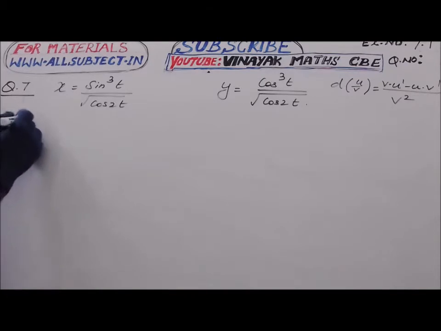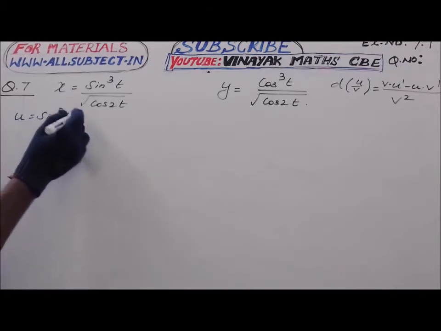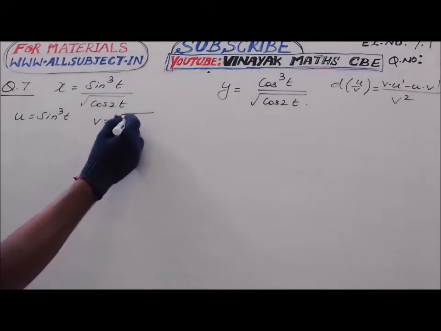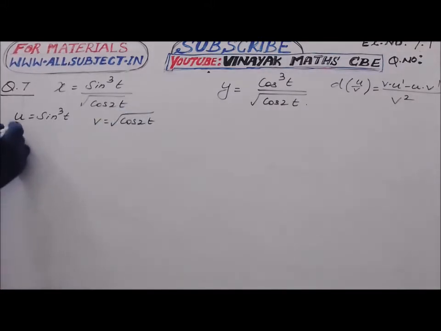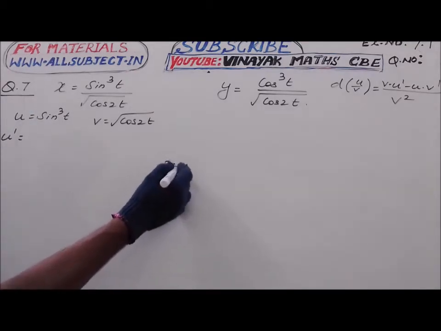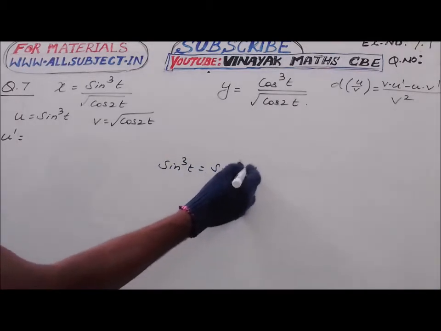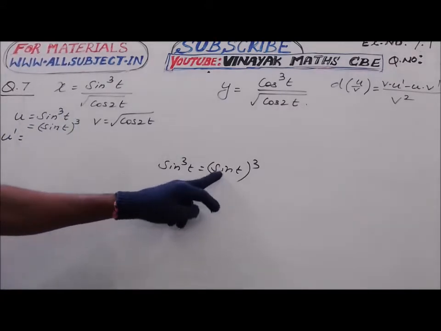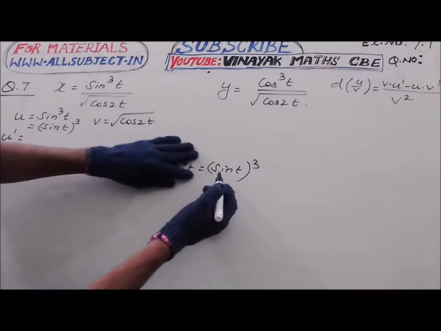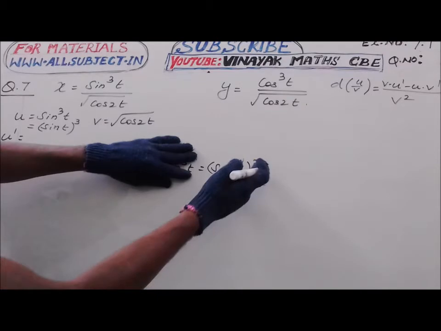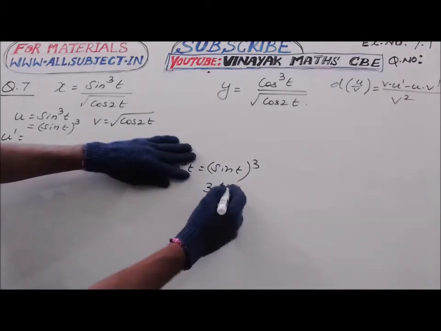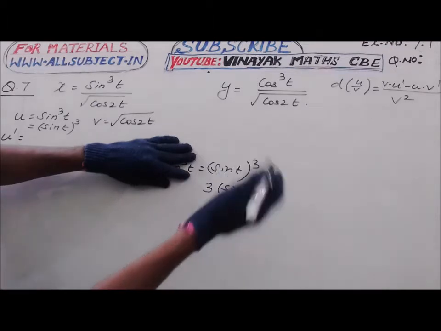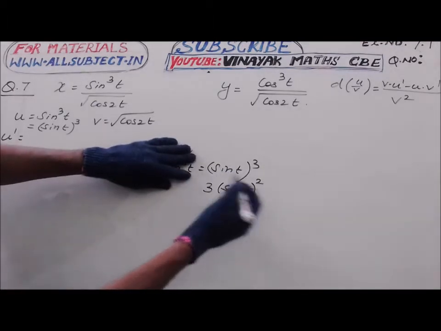Here u equal to sin cube t and v equal to root of cos 2t. u dash is equal to, sin cube t equal to sin t whole cube. So derivative of this, first of all we should apply the x power n formula: n x power n minus 1, 3 into sin t whole power 2, 3 minus 1 is 2, and then differentiate the sin t and multiply with this.